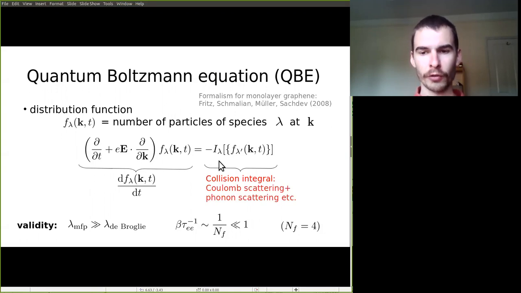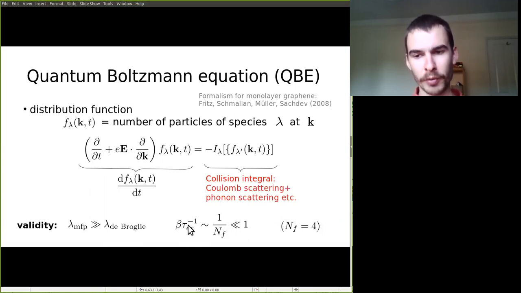And of course, we need to ask, when is this approach valid? Because it's a semi-classical approach, we require the scattering to be weak in some sense. To be more precise, we need the mean free path to be much larger than the de Broglie wavelength. And it turns out that an equivalent condition is that inverse temperature times scattering rate has to be much less than 1.